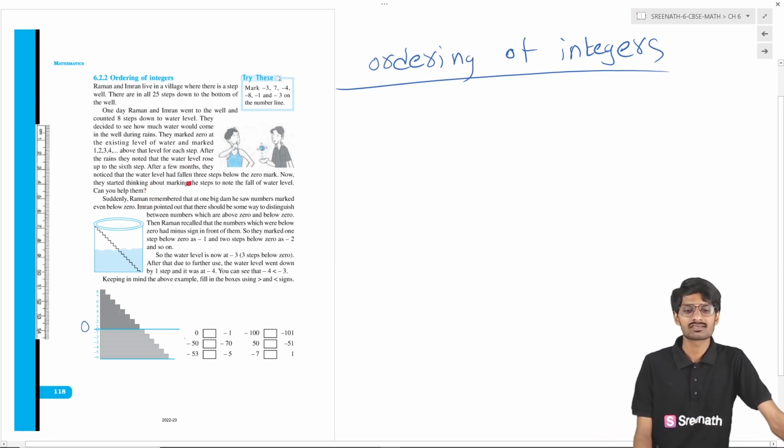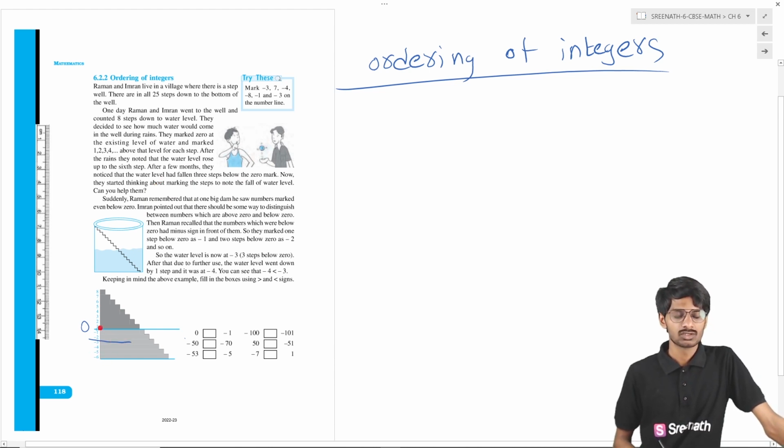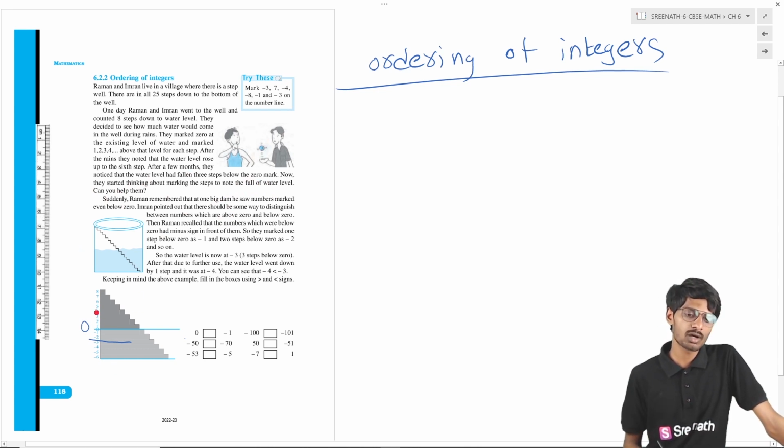the water level has fallen 3 steps below the 0 mark. So the water has decreased 3 steps below the 0 level. Now they started thinking about marking the steps to note the fall of the water level. To the upside they marked 1, 2, 3, 4 plus, like that.